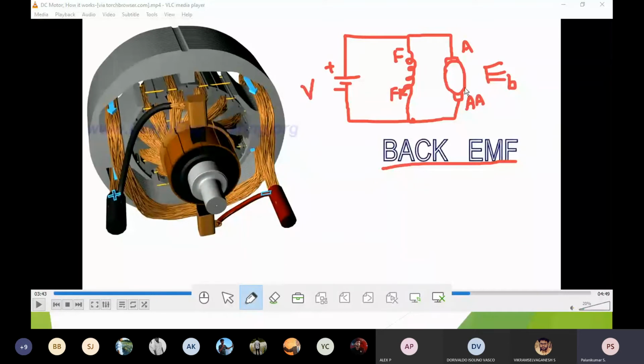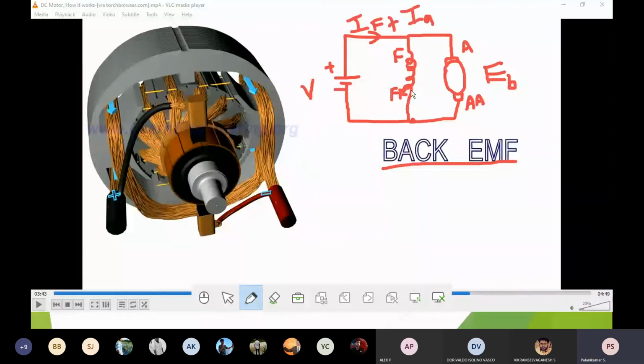So the resultant current, how much current is it taking? It is taking a current required for the field plus the armature current. The armature current is common.